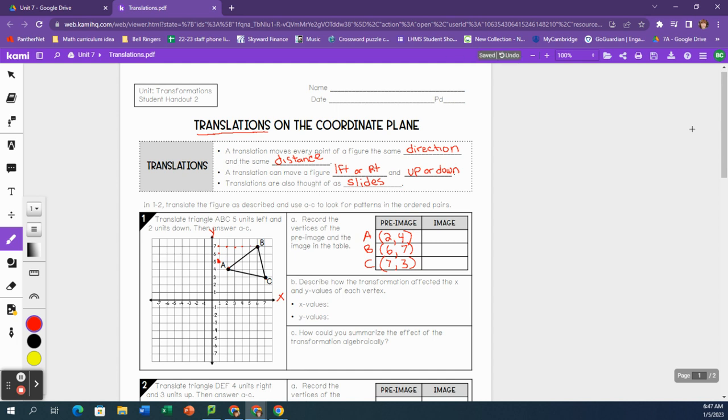Now that we're going to move it, check this out. Our new, so this will be A prime, or I'm sorry, that's B prime that I moved there. B prime, right? Because I went from here over 5 down 2. Our new B prime is going to be 1, 5.